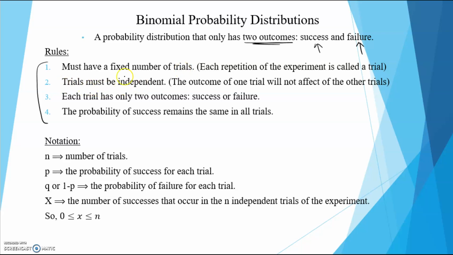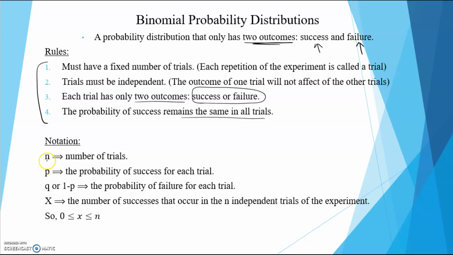Within those trials, all the trials must be independent from each other, which means the outcome of one trial will not affect all the other trials. And within each trial, you only have two outcomes, the success or failure. And the probability of success remains the same in all the trials. It doesn't fluctuate from one trial to another.